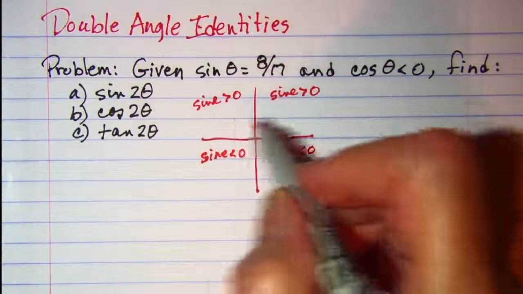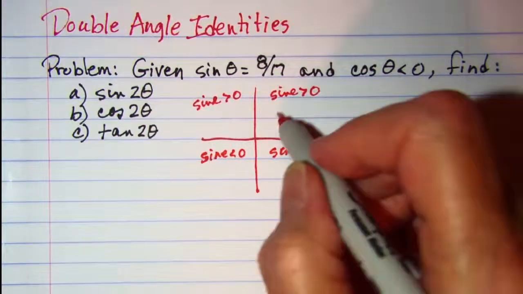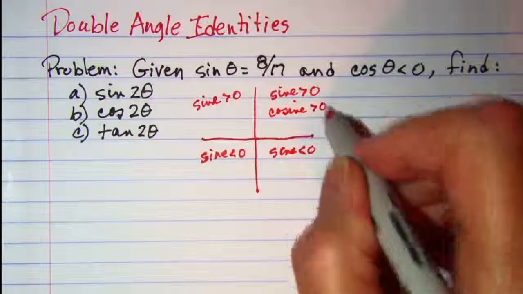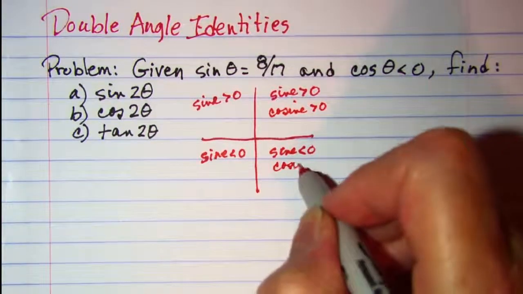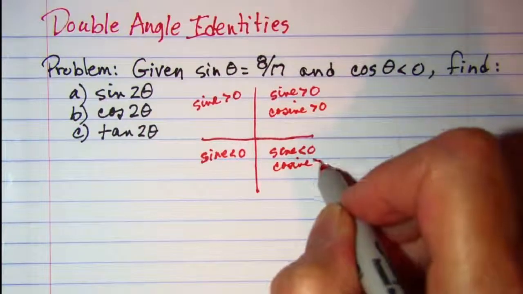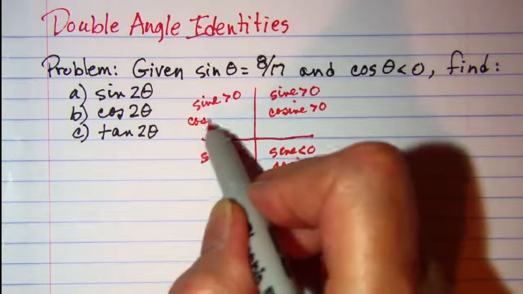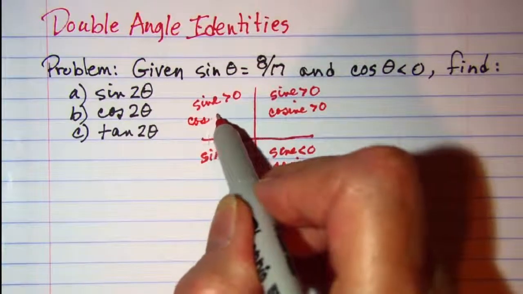The cosine is positive in the two right-hand quadrants, and the cosine is negative in the two left quadrants.